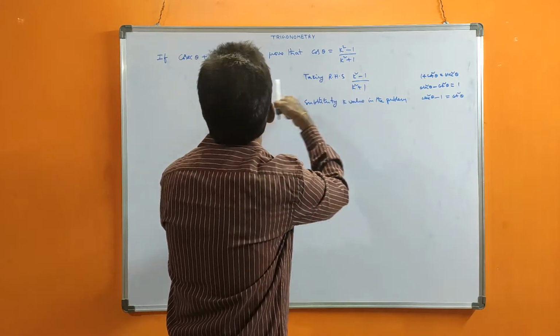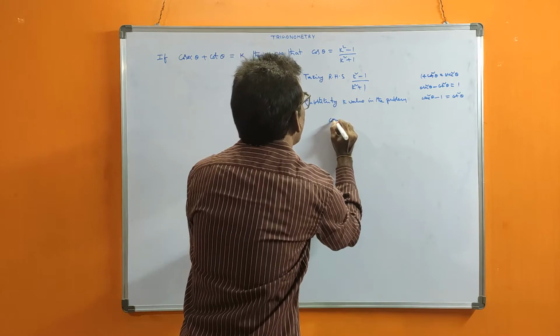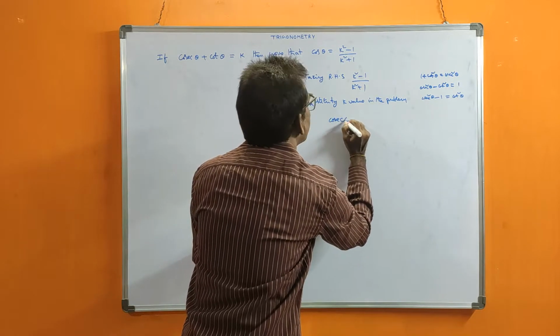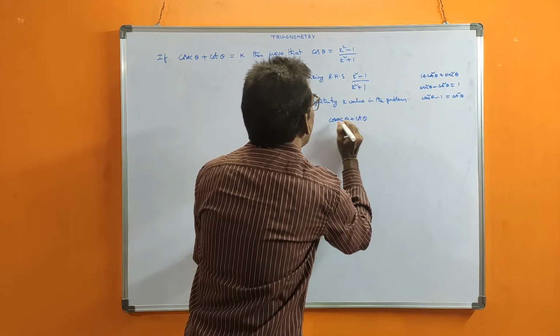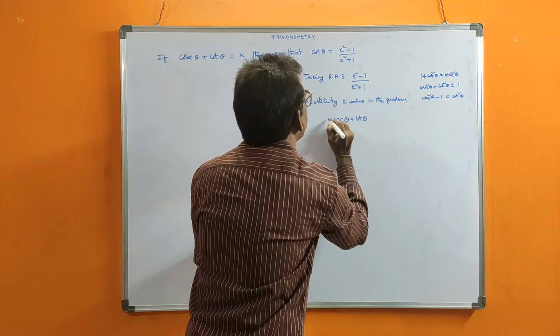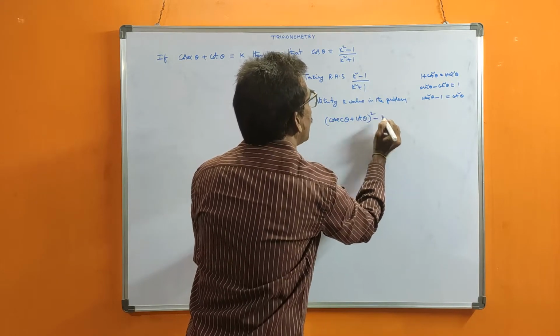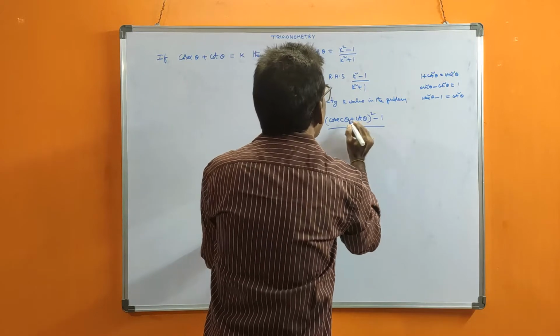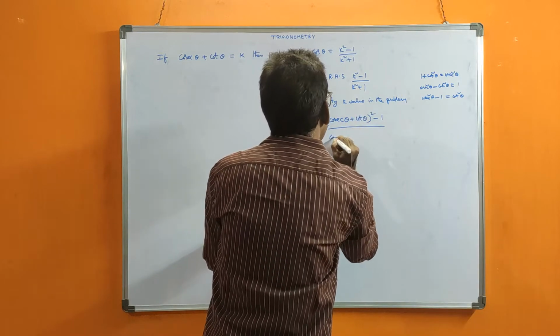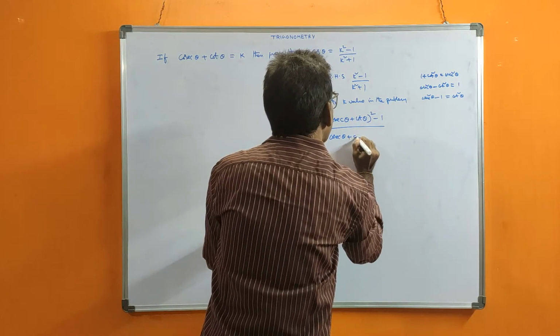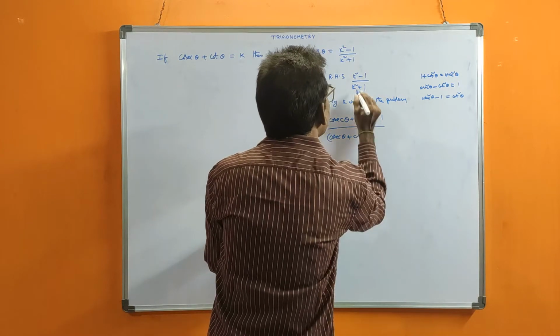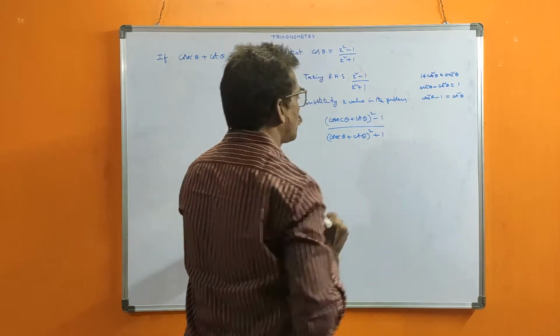What will happen? Instead of k, you write cosecant theta plus cot theta. But the square is there, so you write the square, and minus 1 is there. Now again k is the same value, cosecant theta plus cot theta. Here also the square is there, and you write plus 1.